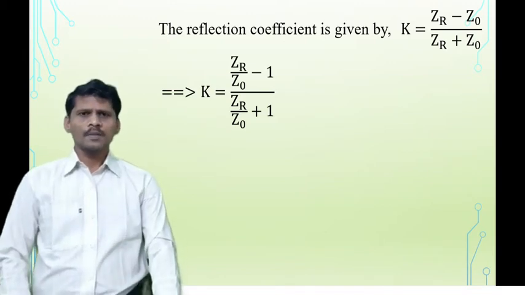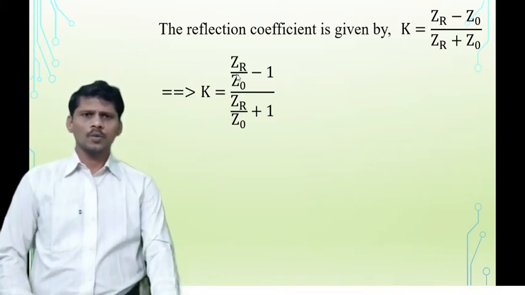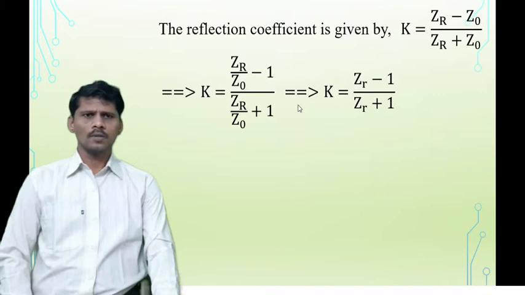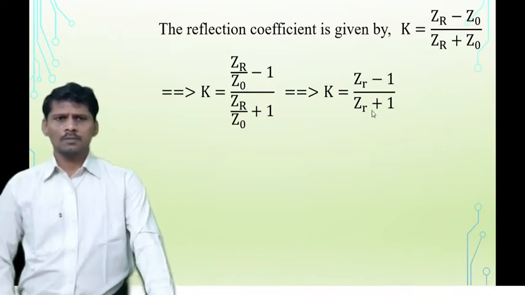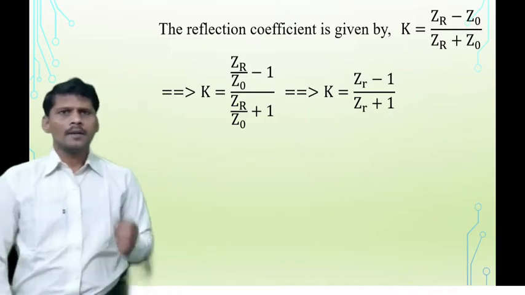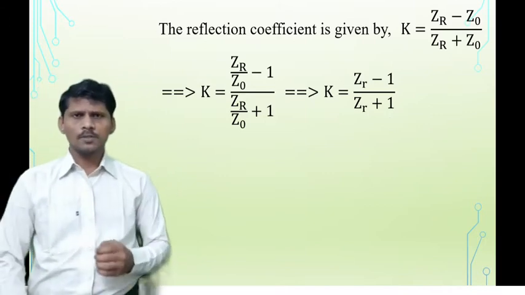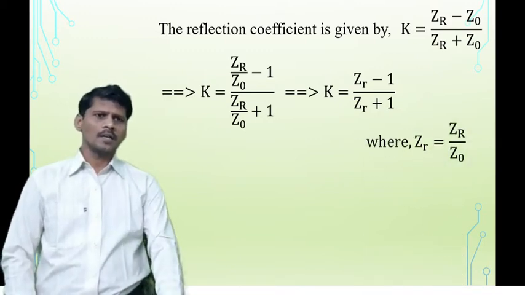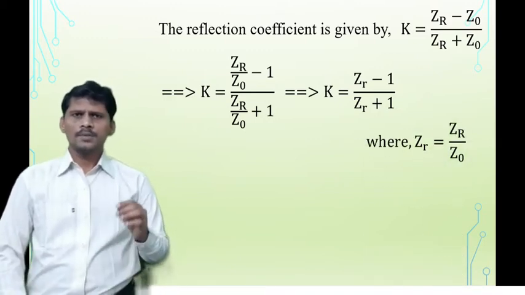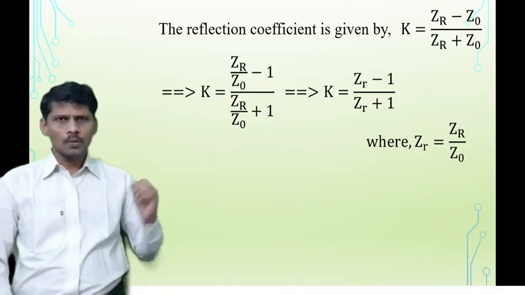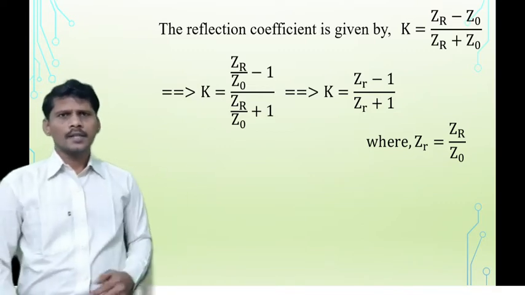So we get the reflection coefficient K equals ZR by Z0 minus 1 by ZR by Z0 plus 1. That is equal to Zr minus 1 by Zr plus 1, where Zr (small r) is the normalized load impedance, given by ZR (capital R) by Z0, where ZR is the load impedance and Z0 is the characteristic impedance.